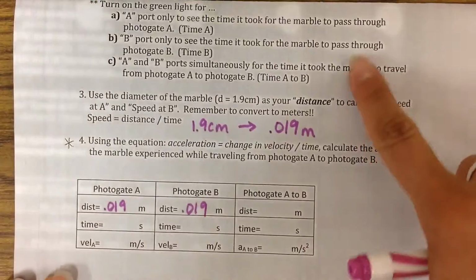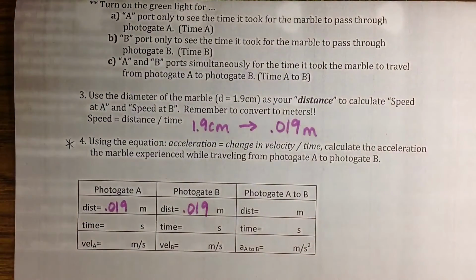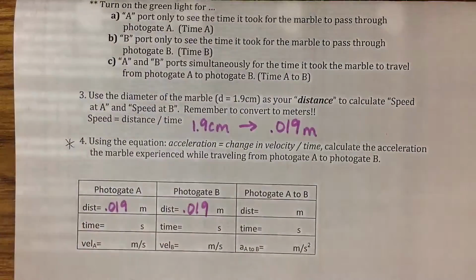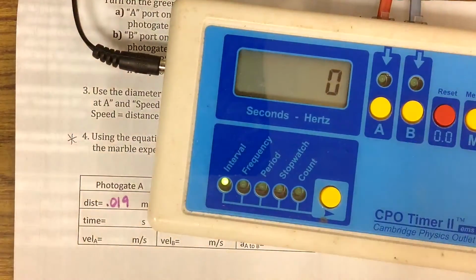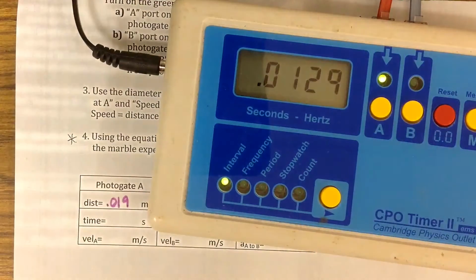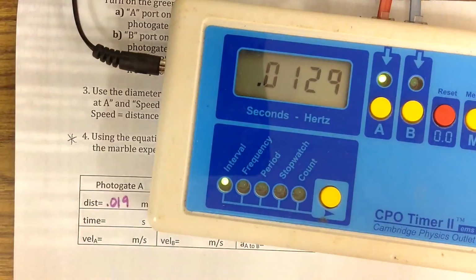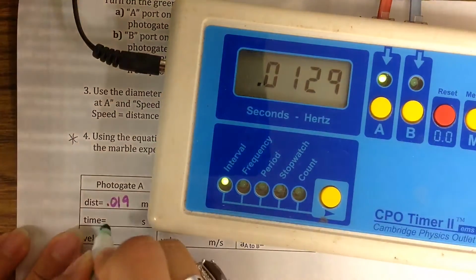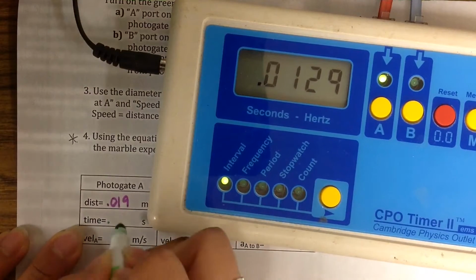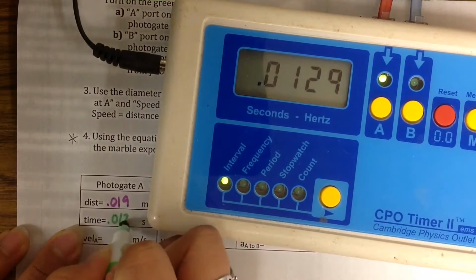Then you are given instructions up here about how to gather these numbers from your timer box. So hopefully at this time you've already rolled the marble just one time, and then you're being told to turn on light A so that you can get the time through photogate A. For my example, this number is going to go right here in the first column, 0.0129.